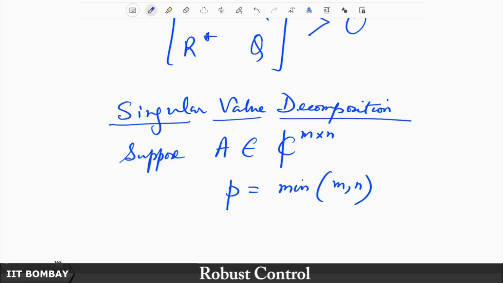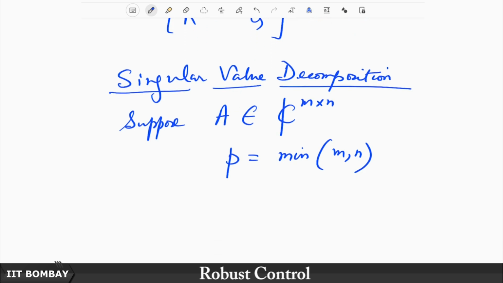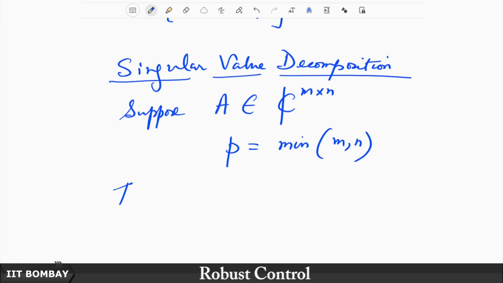So, it could be a square matrix, it could be a tall matrix, in which case m is greater than n and p is then equal to n, the number of columns, or it could be a fat or wide matrix, in which case there are more columns than rows, and p is going to be equal to m.